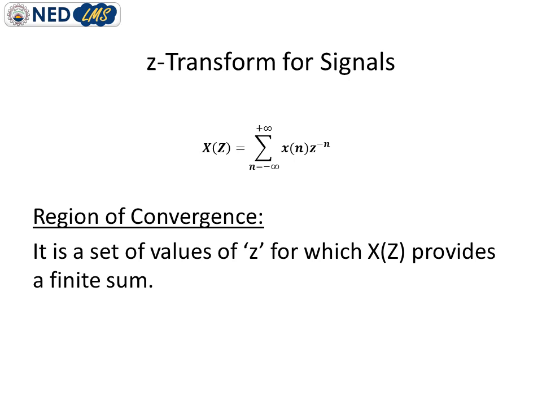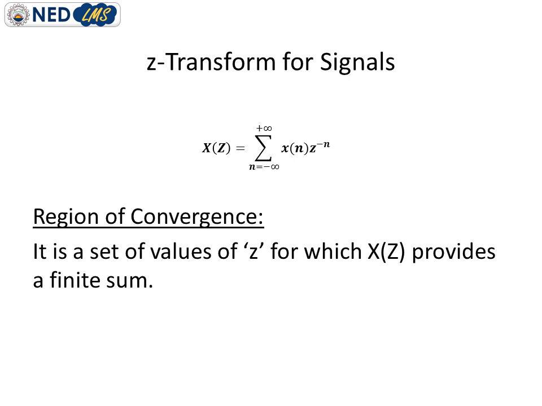If at some values of Z it is producing infinite magnitude, then it is out of the region of convergence.